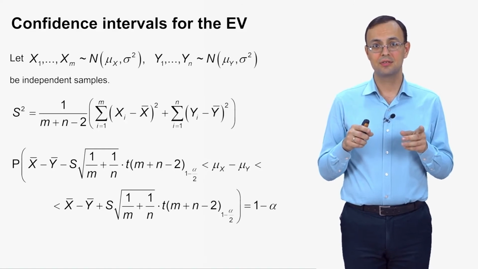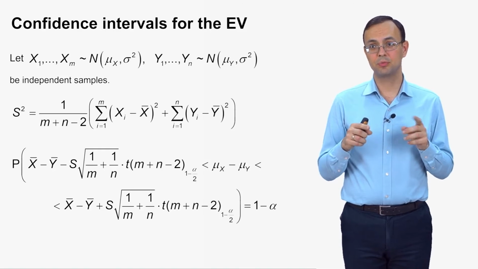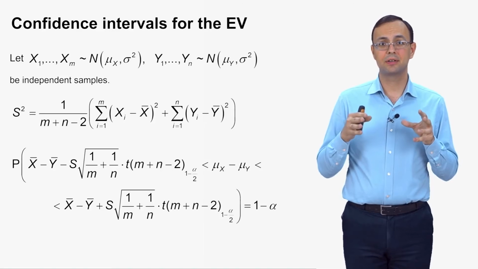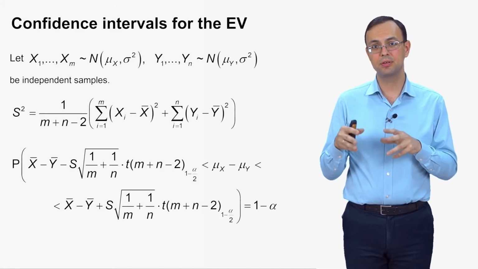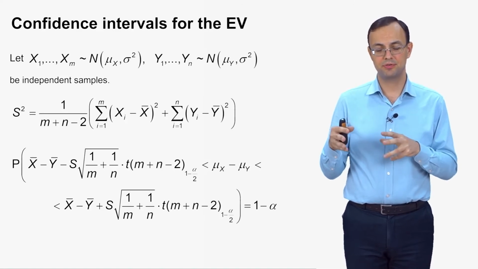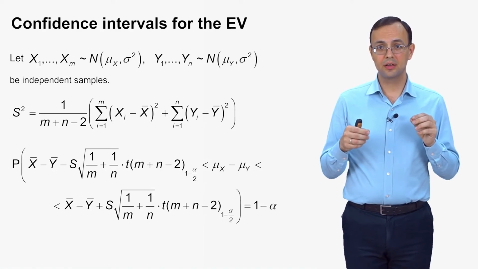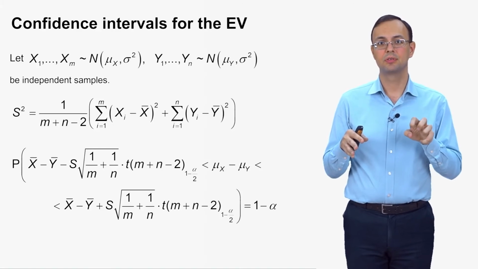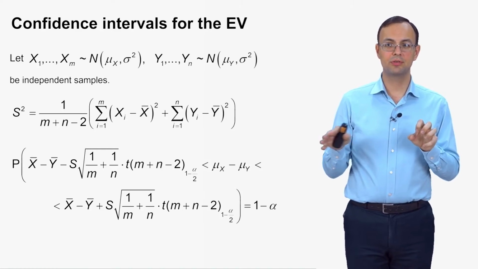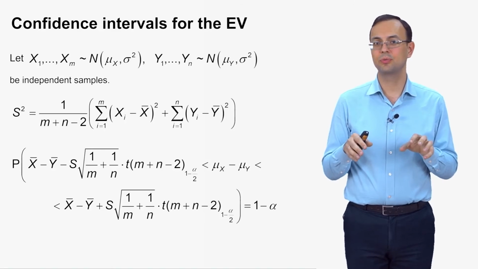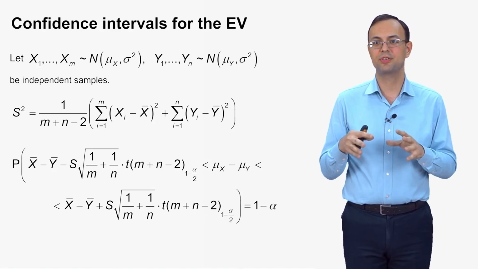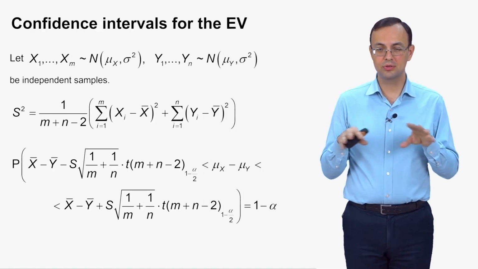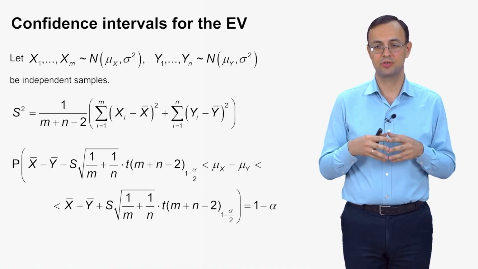And so x's are salaries of a random sample of people who live in Moscow, and y's are salaries of a random sample of people who live in St. Petersburg. This means the samples are independent. You choose random people in Moscow and random people in Petersburg, and they do not depend on each other anyhow. So this is not before and after. These are two completely different series of observations.